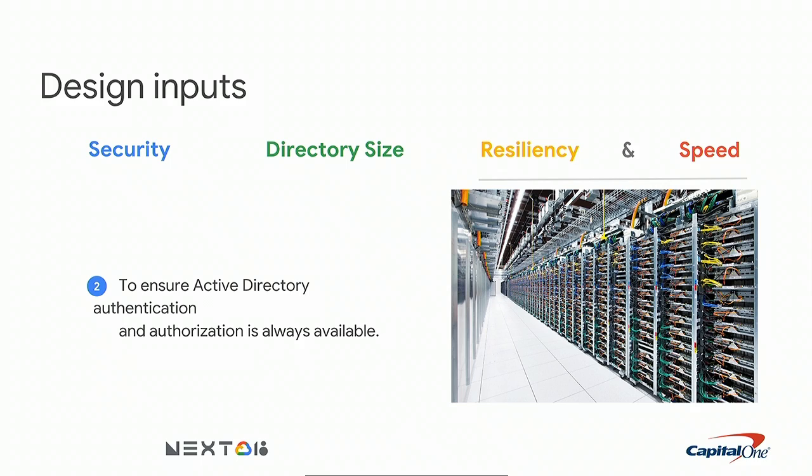Same holds true when you're domain joining infrastructure and it wants to scale. So the directory needs to be there. So for us, going down interconnect or VPN wasn't really an option as we want to, no matter the situation, ensure that we can scale applications.